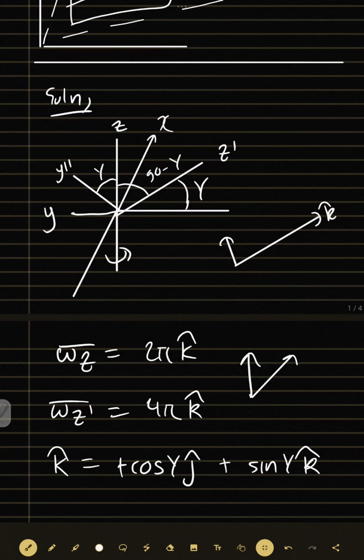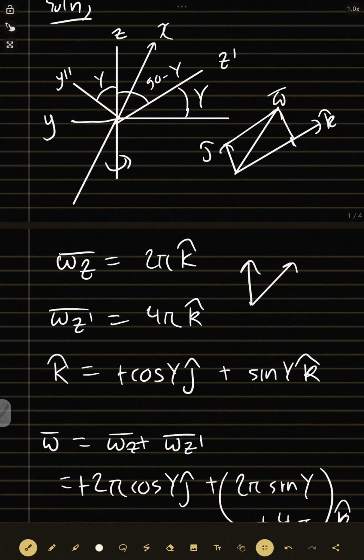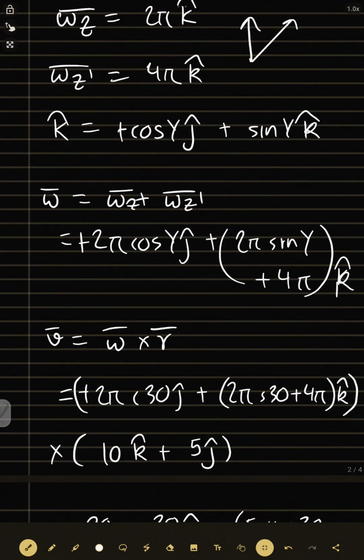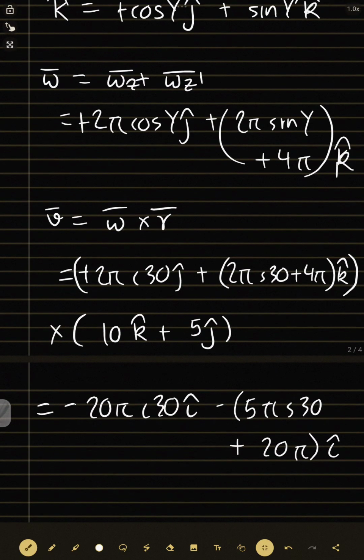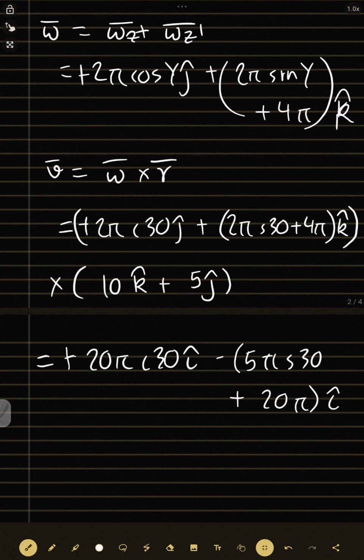So tan inverse of pi root 3 divided by 5 pi. Is it okay? Any questions?